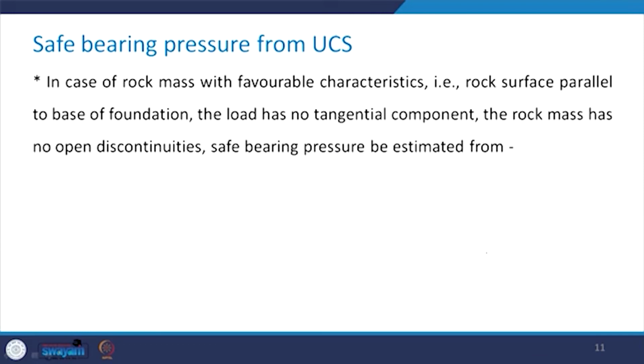In case of the rock mass with favorable characteristics, that is when the discontinuities are parallel to the base of the foundation, which we saw is the most favorable condition, the load which is applied will have no tangential component.